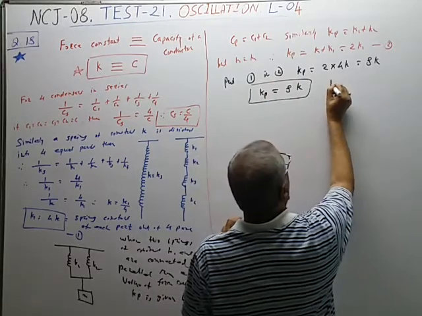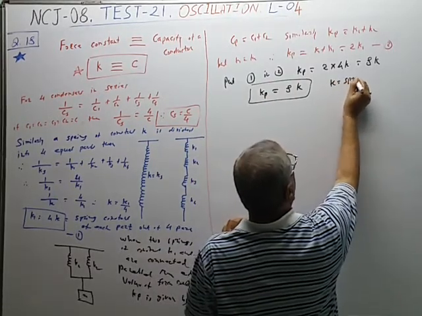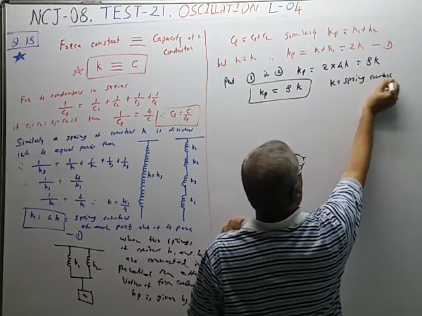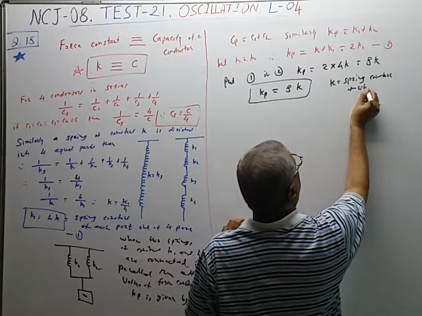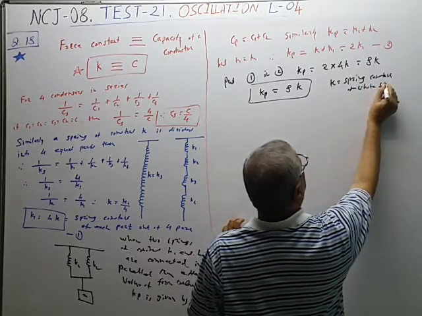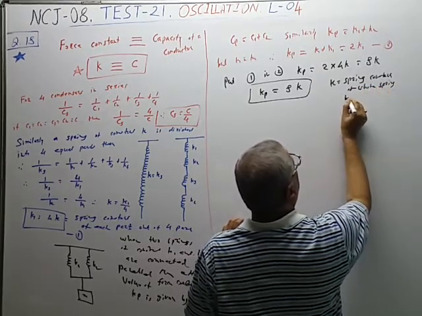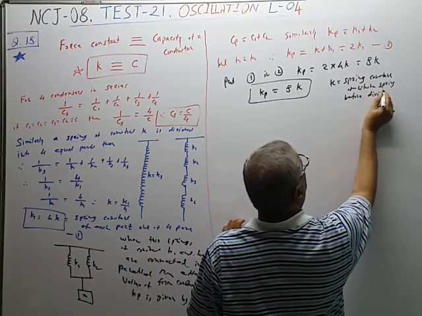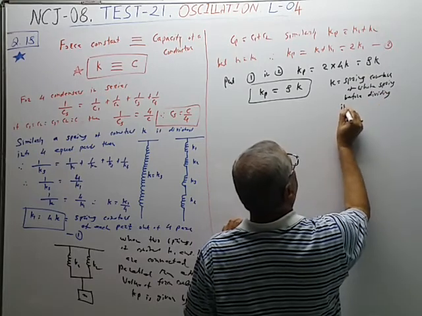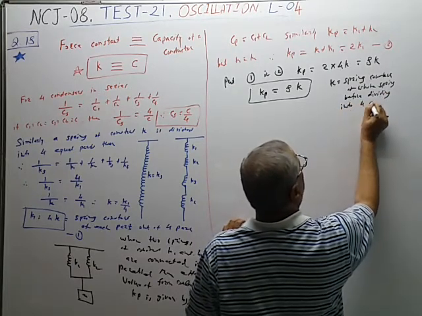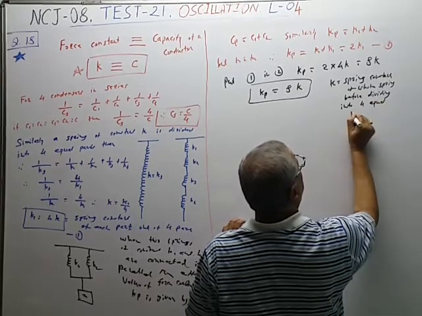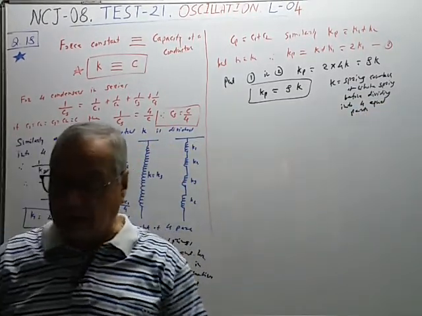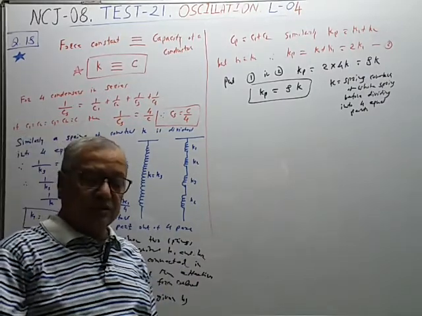K is the spring constant of the whole spring before dividing into 4 equal parts. So Kp is equal to 8 times K, and therefore the correct choice is C.